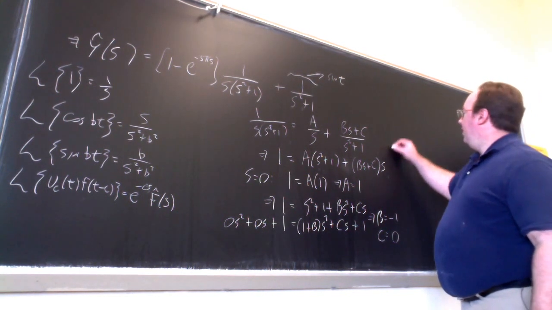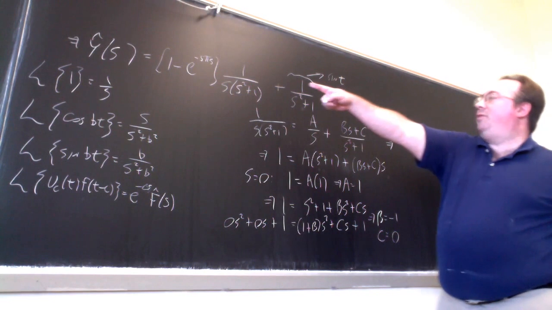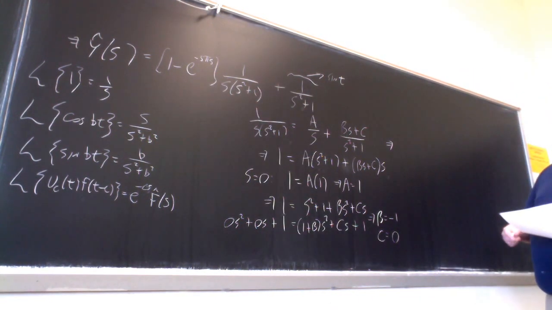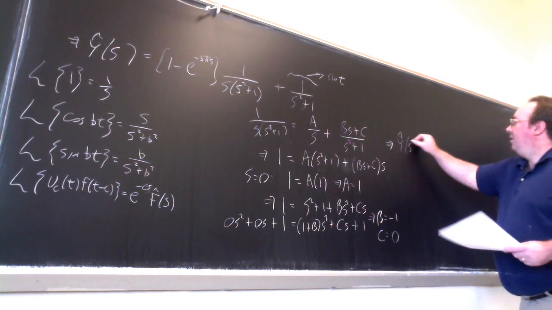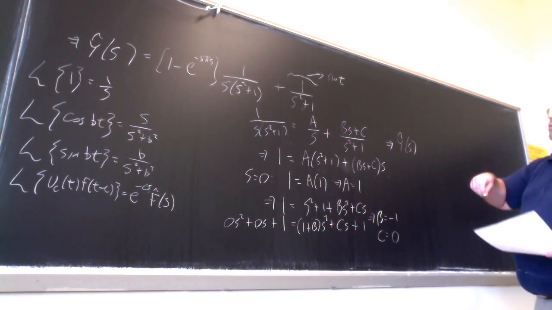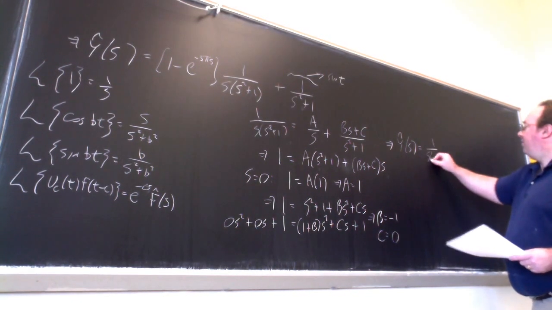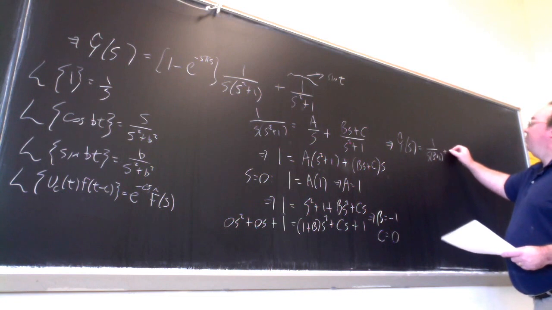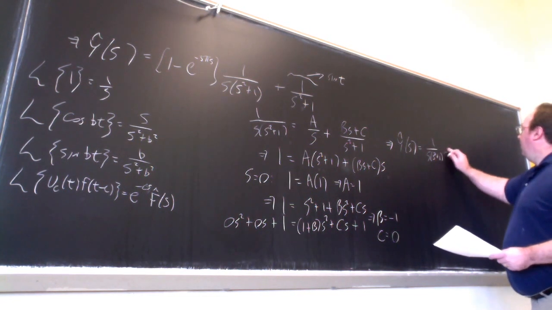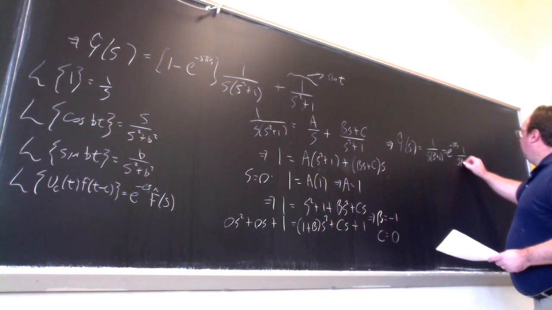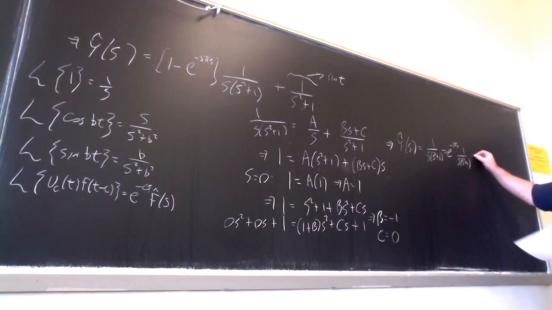Okay. So now for this term over here, I'm going to distribute that fraction there. So I have 1 over s squared plus 1, minus e to the minus 3 pi s, and then plus 1 over s squared plus 1.